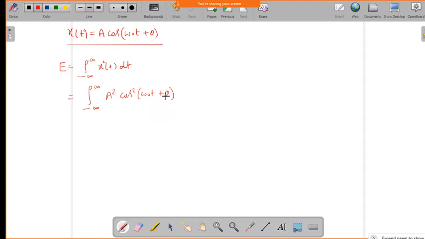If you integrate and put the limits, since the t value is infinite, definitely you will get infinite values. This cos square function you can write in a different form.